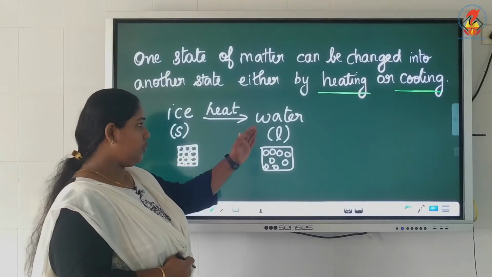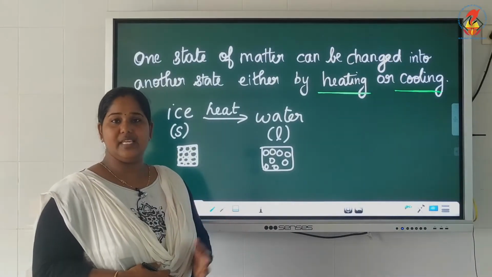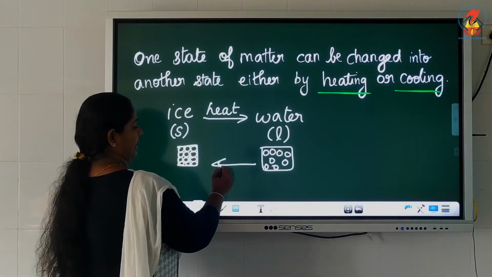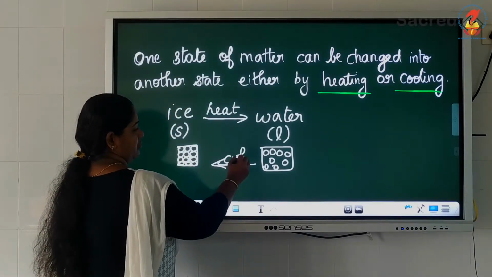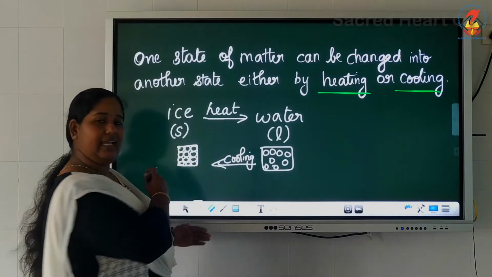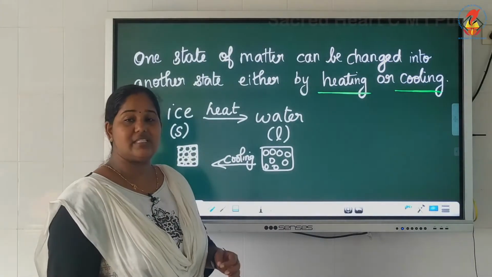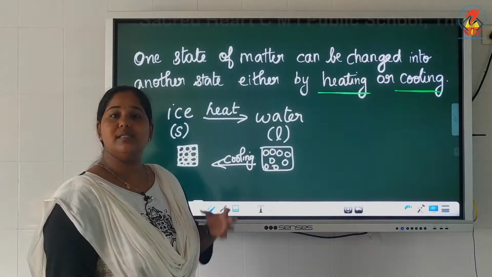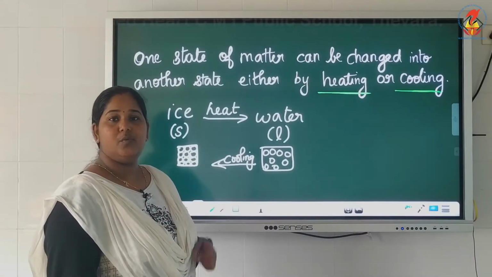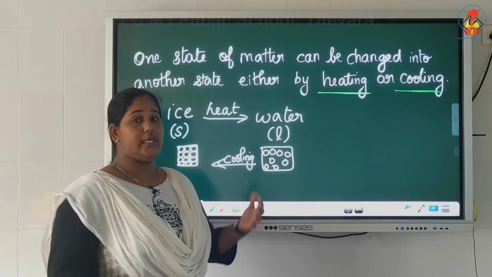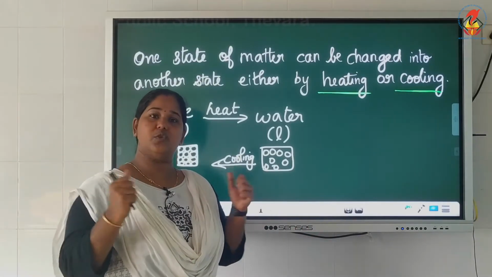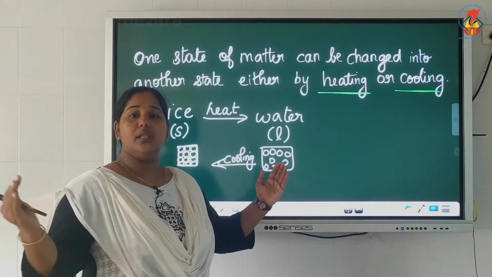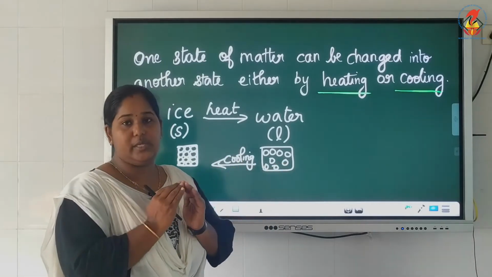Suppose I am cooling water or freezing water, it gives me what? Ice. So water is reversed back into ice on freezing or cooling. What happens when these water molecules are cooled? I told you, on a cool night, you ask your parents to hug you tightly, isn't it? Same way, when it is cold, the molecules come closer to each other.